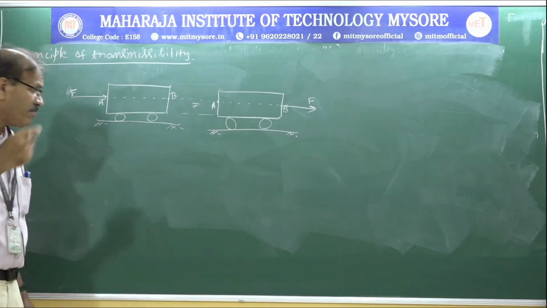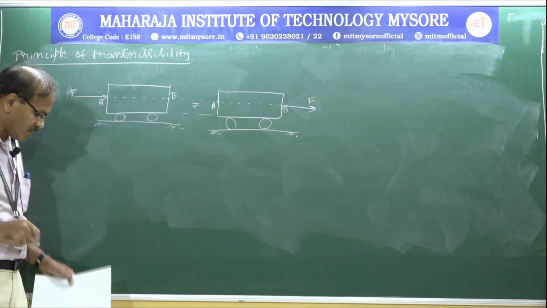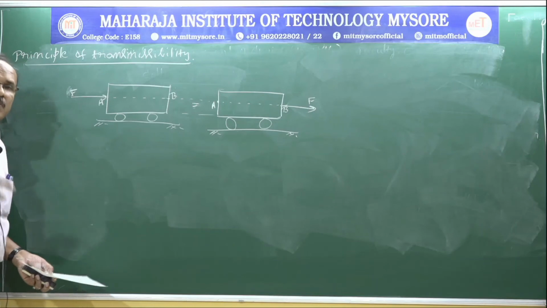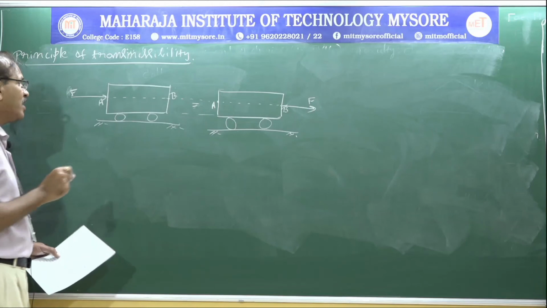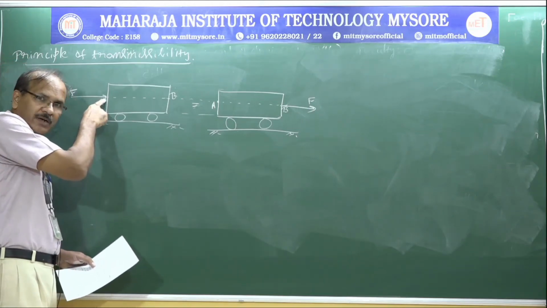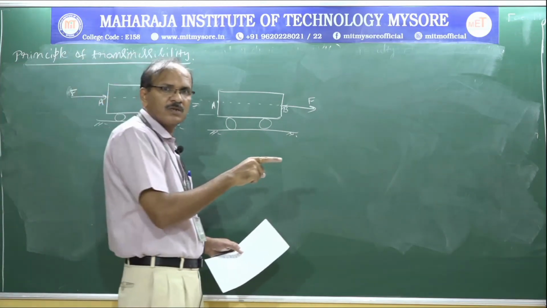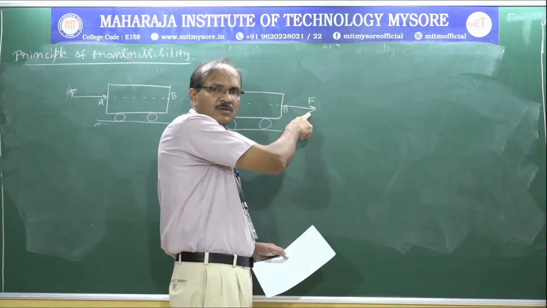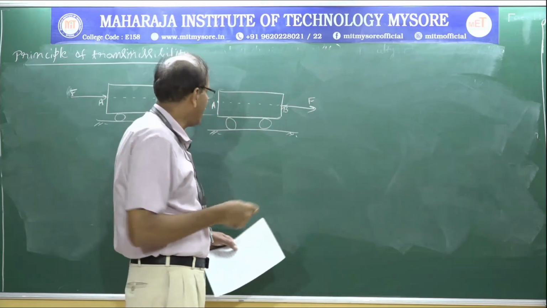With that in mind, the principle of transmissibility says that the conditions of equilibrium or motion of a rigid body do not change if a force acting on a body at a certain point is replaced by the same force, that is, a force of the same magnitude, and putting that at another point, not replacing, sorry.